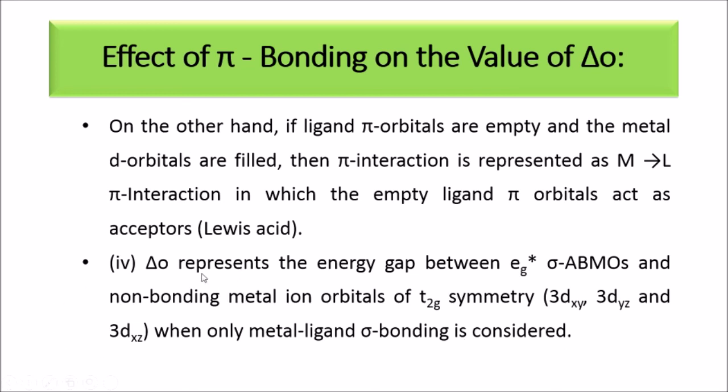So this energy gap represents only sigma donation interaction, and that energy gap is between Eg star sigma ABMOs and the non-bonding molecular orbital, that is NBMO T2G symmetry of the central metal ion, that is 3dxy, yz and zx. So that represents the splitting energy delta O in a sigma bonding interaction.